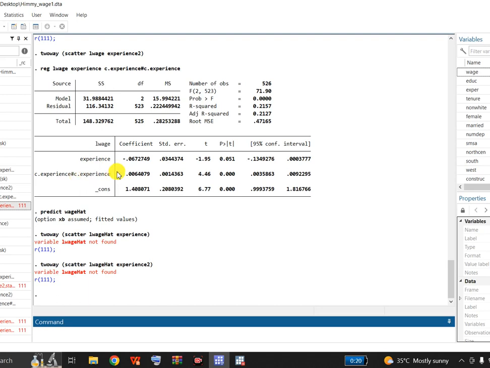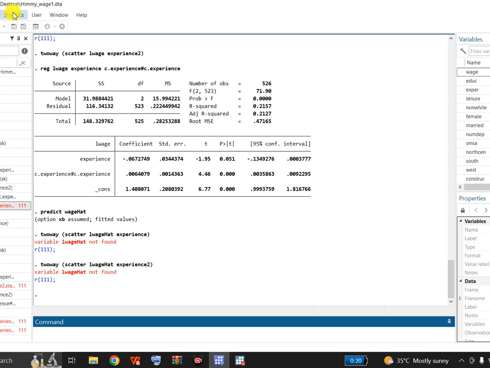And now the output is very good, and it shows that initially with experience log of wage decreases, but later on it increases at an increasing rate.